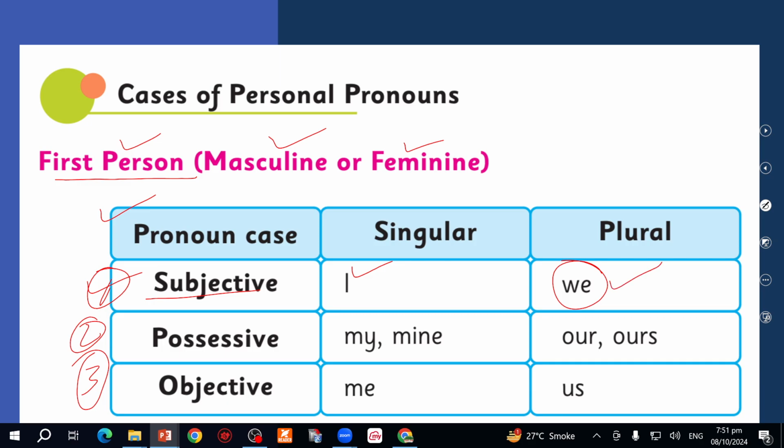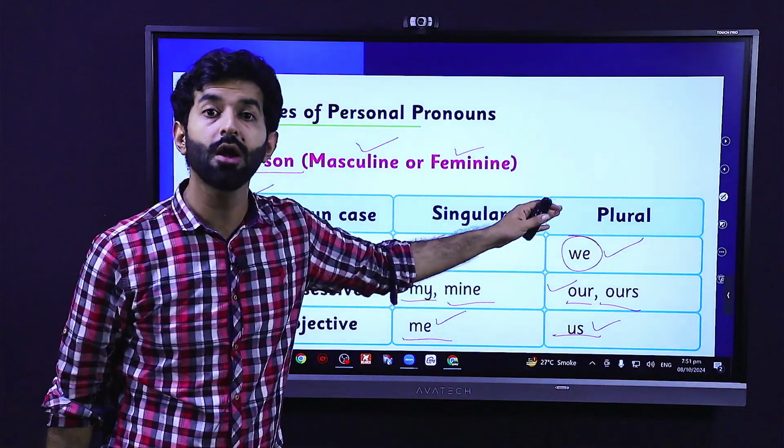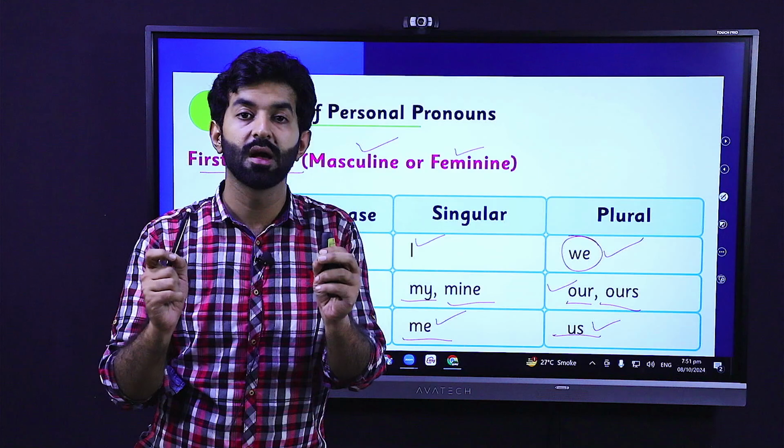We went to the class. For the possessive case, it is used for showing possession like my or mine, and the plurals will be our and ours. The objective case is me, and if you are more than one, then it will become us. So we have three cases of pronoun: subjective, possessive, and objective, and we have words for each one of them, whether singular or plural, and we have to use them accordingly.